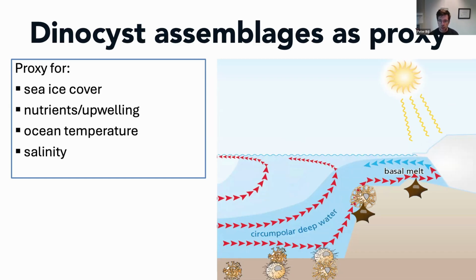And so if oceanography changes, we can see that in the dinoflagellate cyst assemblages that are preserved in sediments in the Southern Ocean. And that gives us a pretty sensitive proxy for temperature, nutrients, upwelling regions. We can identify whether there was sea ice, yes or no, and we can also identify salinity changes throughout the Southern Ocean. And we do that in two ways.